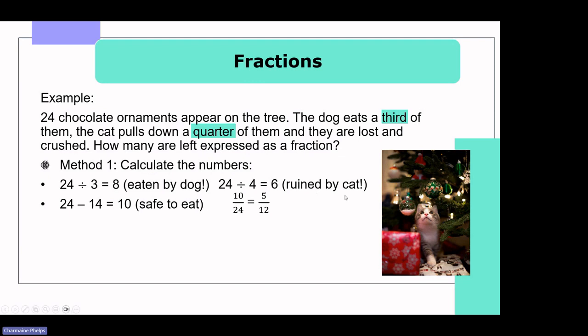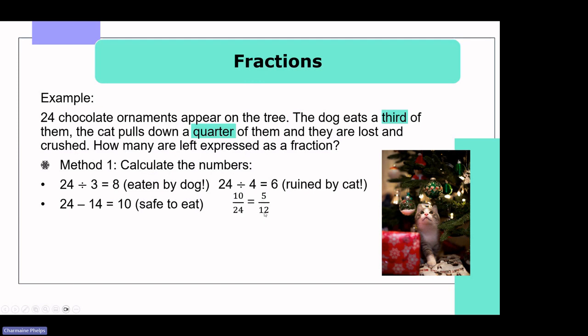And when we're simplifying fractions, we're just making them the lowest values that we possibly can. So what goes into 10 and also into 24? The only thing I can think of is 2. So if I divide top and bottom by 2, whatever I do to the top, I have to do to the bottom. So divide 10 by 2, I get 5.